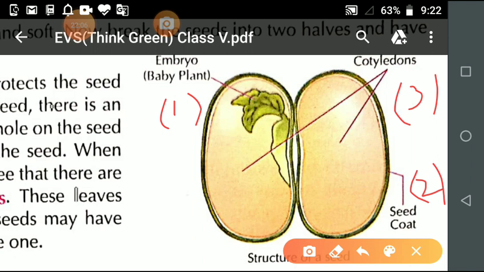When you see that seed in the morning, you will find that the seeds are swollen and soft. How are the seeds swollen? If you observe the seed, you will see there is a hole on the seed coat which allows water to enter the seed.